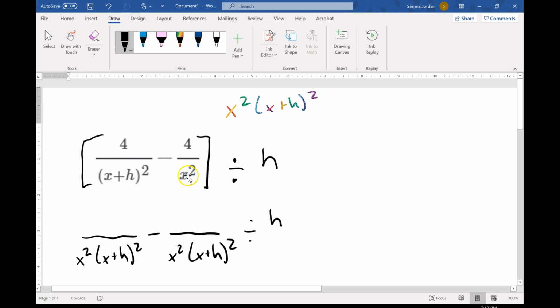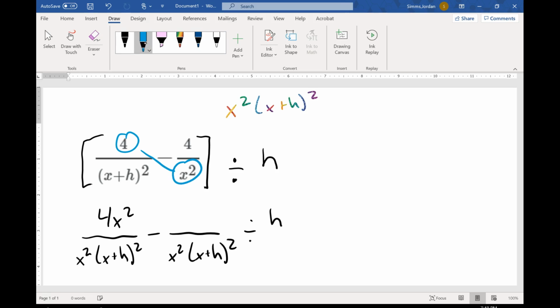So 4 times x squared is just going to be 4x squared, right? I just multiply these two and it goes down. And then we'll do the same with this one right here, and that will go down as well. So this is going to be 4 times x plus h quantity squared.